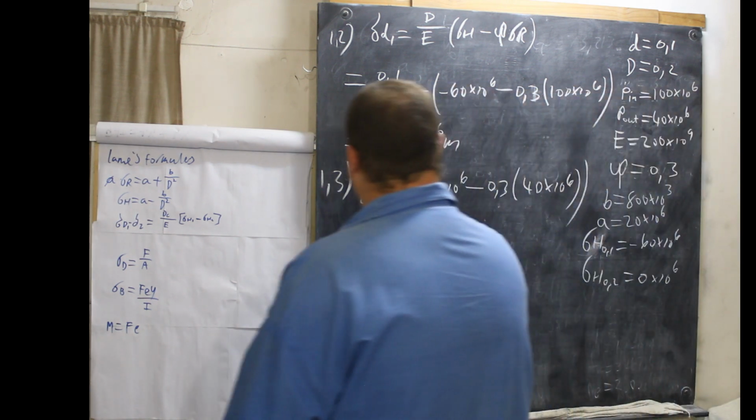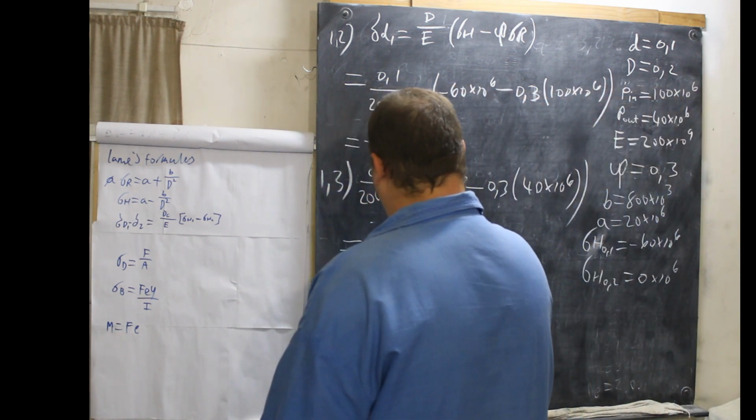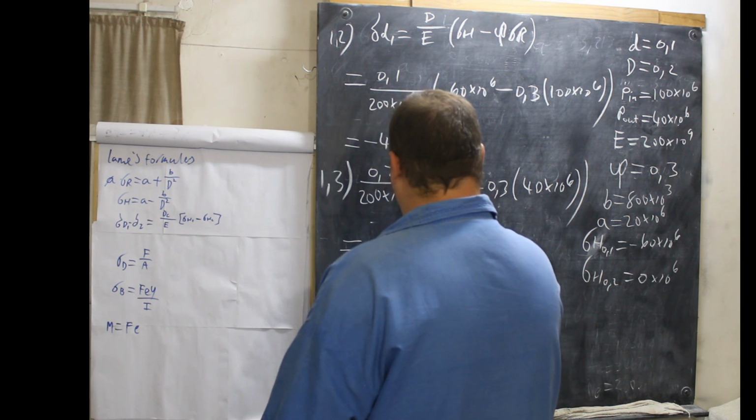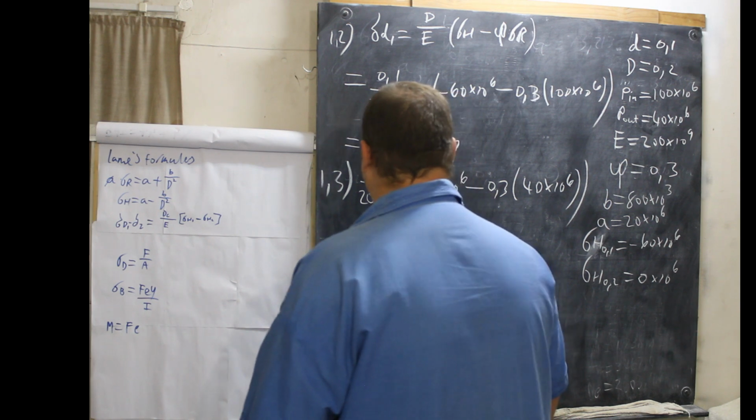And this particular one equals minus 12 times 10 to the minus 6 meters.